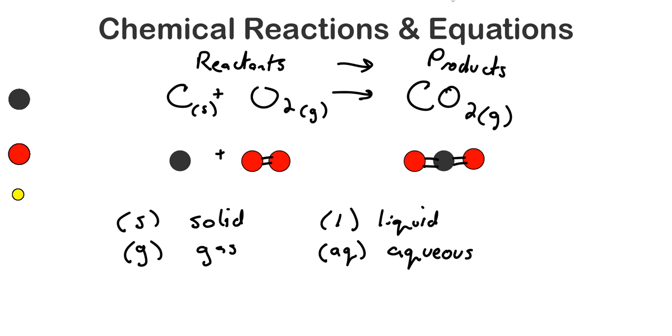Okay, so let's do another chemical reaction, the combustion of methane. Methane's formula is CH4. So from earlier modules, we know that carbon bonds with 4 hydrogens in exactly a tetrahedral shape.